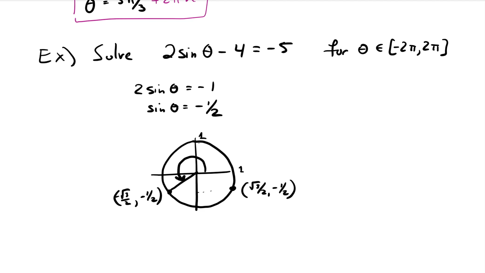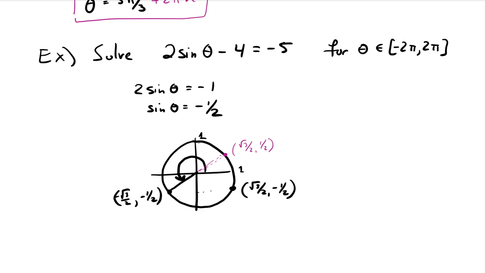So this occurs when, maybe it's easier here to look at a corresponding angle, a reference angle. This point here, if I just reflect it across the origin, that's... sorry, I wrote them down in the reverse order. So it's √3/2, 1/2.